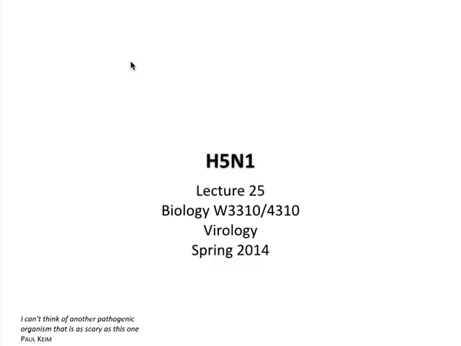Today, our last lecture in this course, I want to talk about an influenza virus called H5N1. This is going to be a combination of a lot of the science that you've learned in this course.